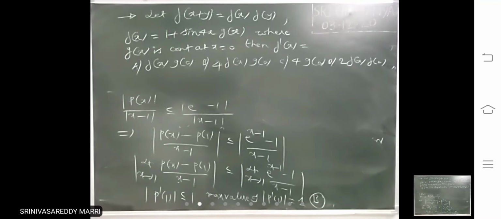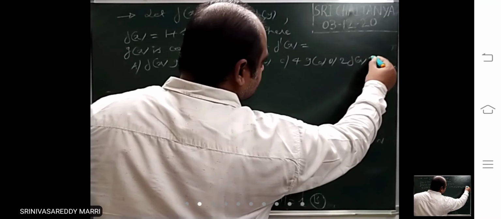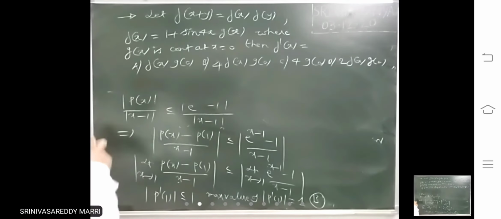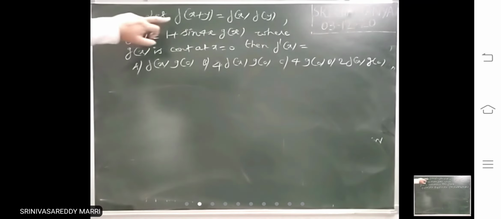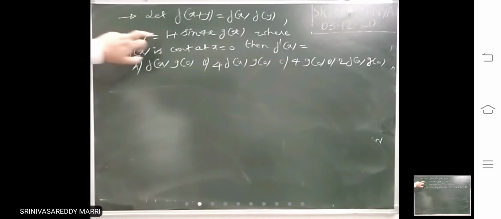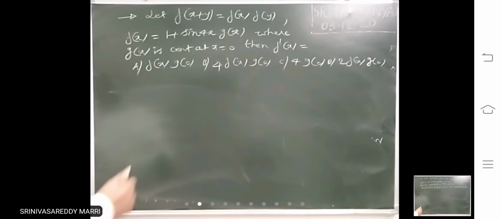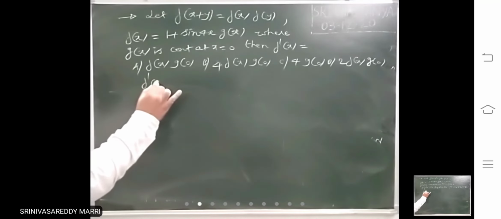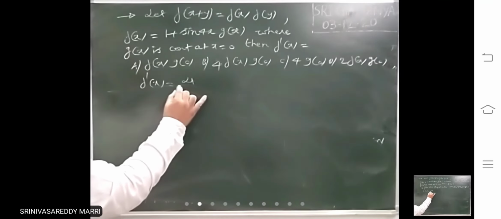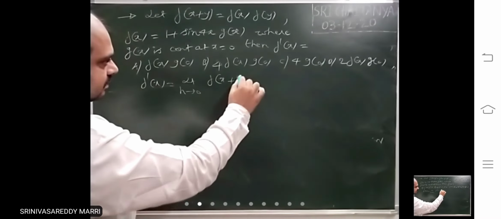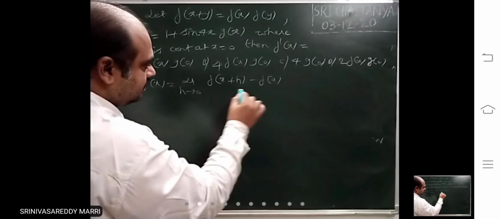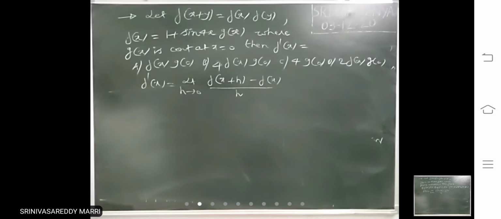Look at this, g of 0. So f is satisfying this condition and f of x is this. Then f dash x, by using the basic limit, this is the definition.